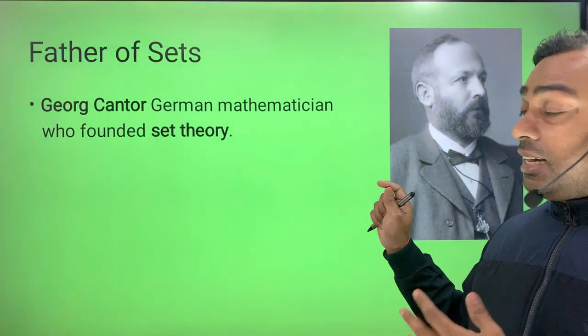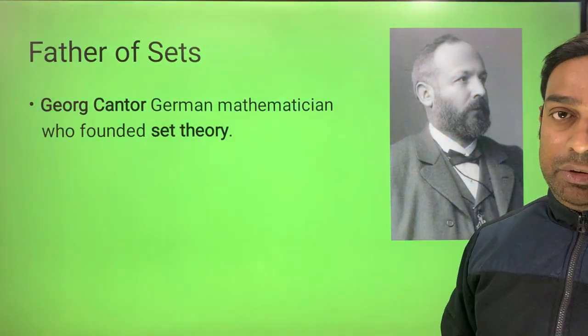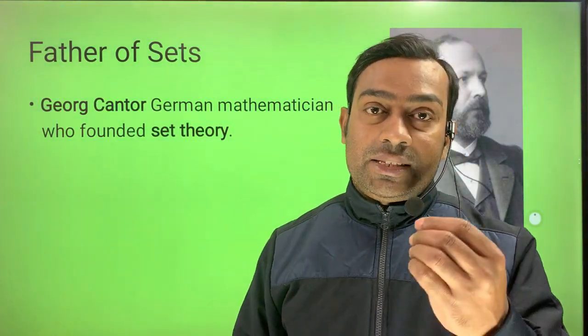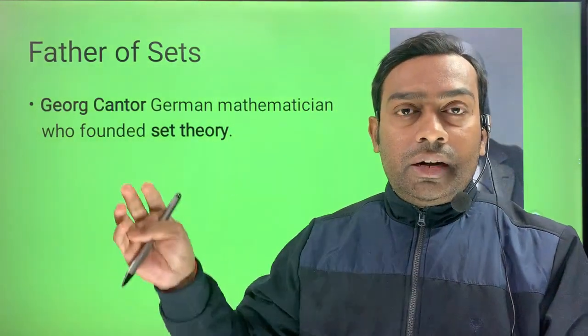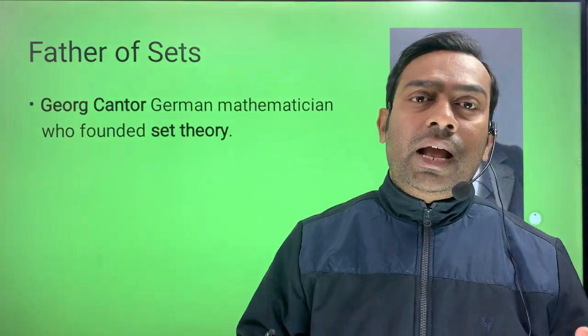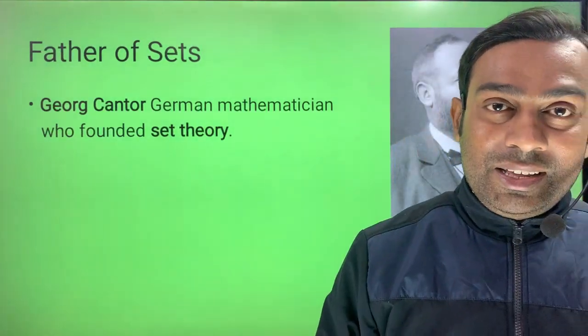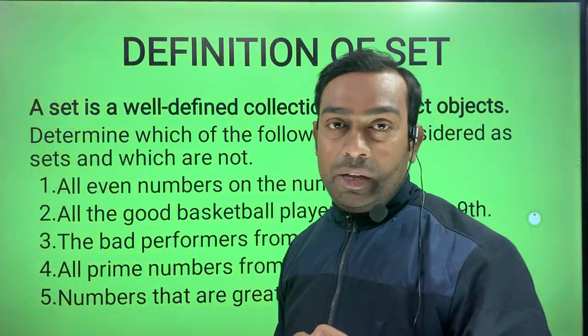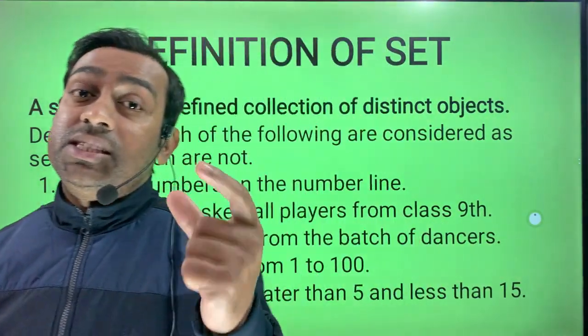That is the set. He founded the set theory, where he formulated many things to define a set. Earlier, the word set was very confused and not well defined. So here we will define the set theory and the basic term set.